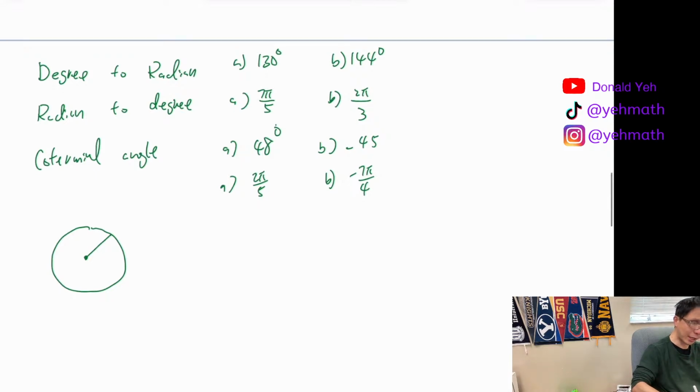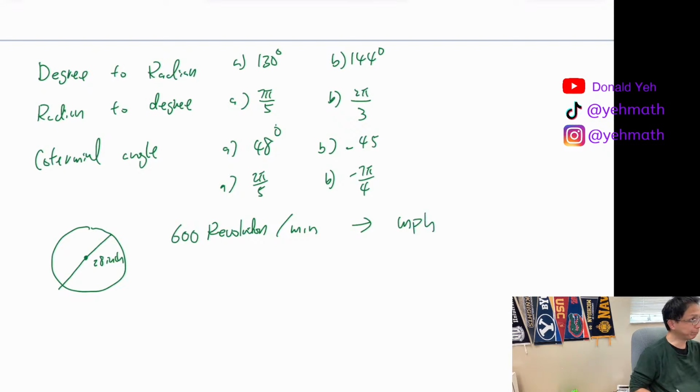So let's give you a diameter of, I say, 28 inches, at 600 revolutions per minute. And I want you to convert to miles per hour. Do you know how to do that? That will be one question there.